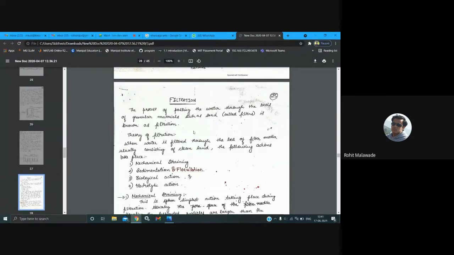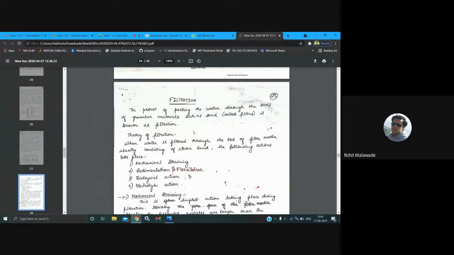See, you have seen normal filters, right? In your houses there are probably filters. If not, Aquaguard and candle filters are there. Have you seen candle filters? What will be there in the candle filter?